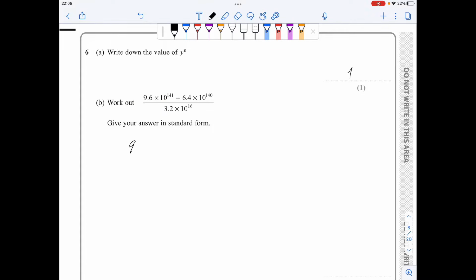So this will become 96 times 10 to the 140 plus 6.4 times 10 to the 140. This will give me 102.4 times 10 to the 140.